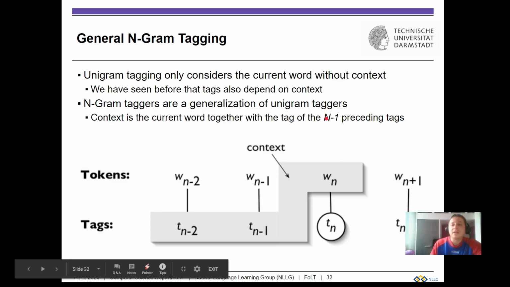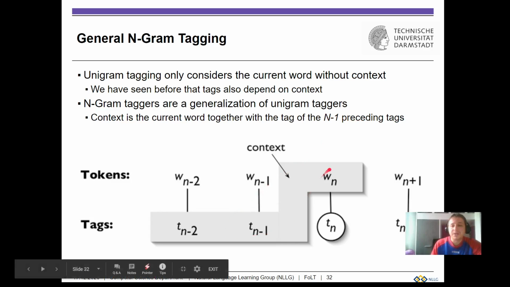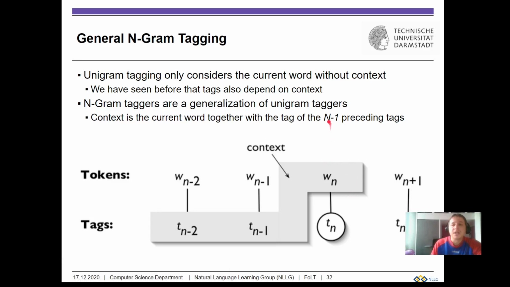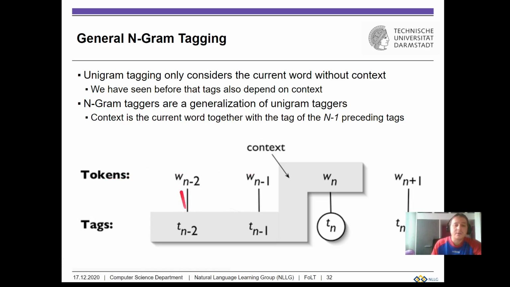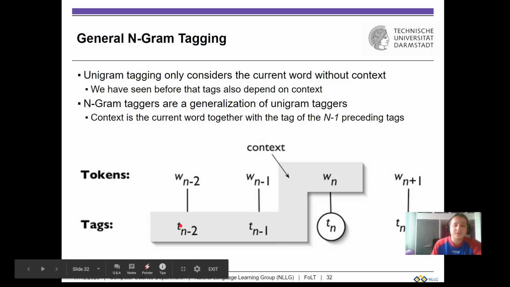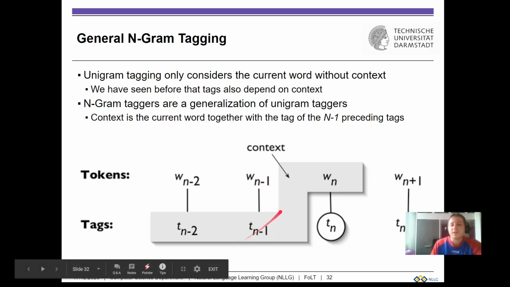If n is 1, so this is unigram tagging, we have 0 preceding tags, so we only take the current word into account. If n is 2, we have the current word plus the previous part of speech tag, right? And we are tagging sequentially, so once we've tagged the first word, we know its part of speech label. Then for the second word, we know the word itself and the previous part of speech label, so we can also assign a tag here.